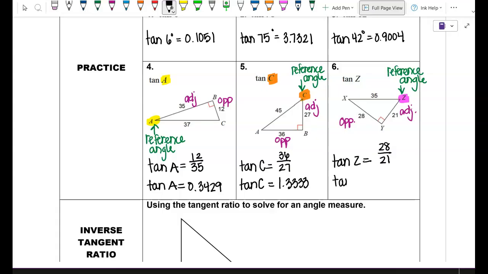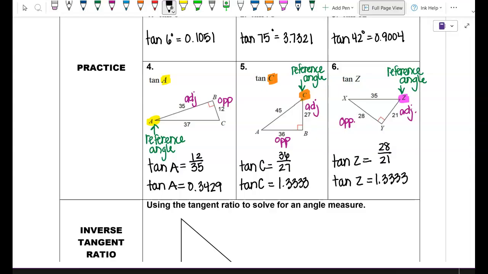So what do I get for my decimal for 28 divided by 21? 1.3333. Because 36 over 27 reduces down to 4 over 3, and 28 over 21 reduces down to 4 over 3. So they're both the same ratio. Even though we started with different side lengths, what that's telling me is angle C in number 5 and angle Z in number 6 are the same angle measure because they have the exact same ratio.